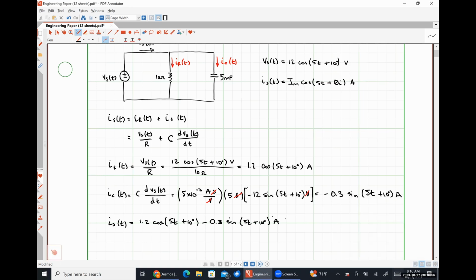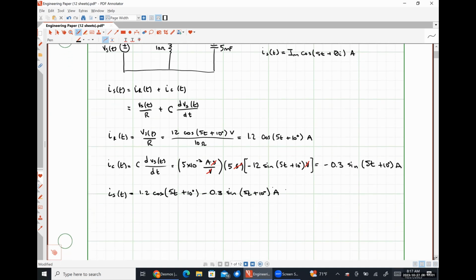So 1.2 cosine of 5t plus 10 degrees can be written as 1.2 times the cosine of 5t times the cosine of 10 degrees minus the sine of 5t times the sine of 10 degrees.